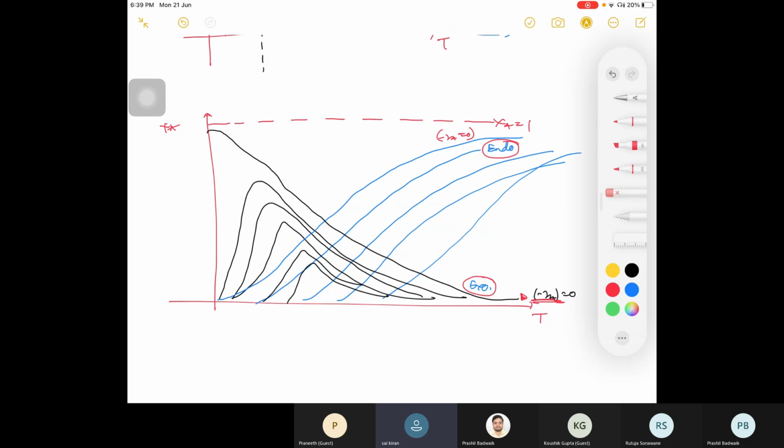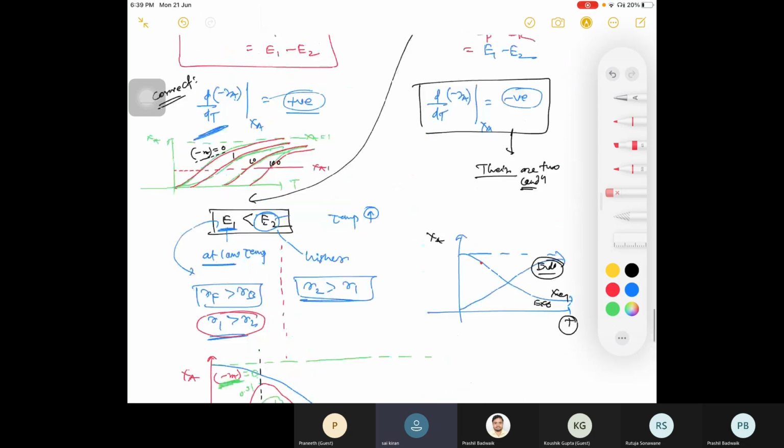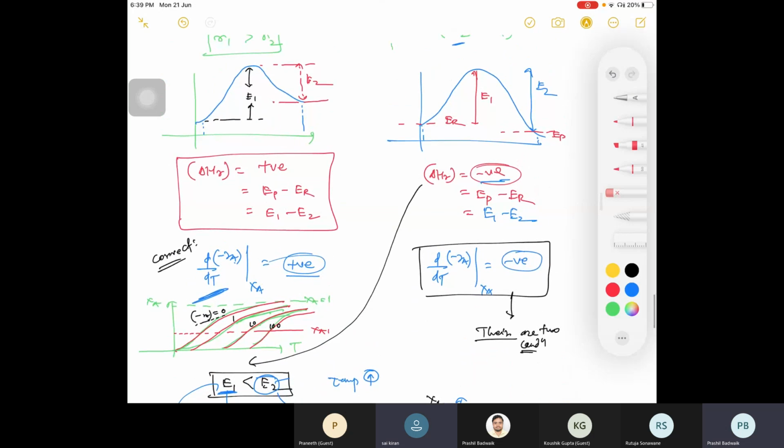Sir, in endothermic also at low temperatures, E2 will be favored, na, sir? Backward reaction. Yes, it should be. But what happens in an endothermic reaction? You want the temperature to be continuously high. There we don't need to remove temperature, right? We have to supply temperature continuously, and we are continuously supplying it.